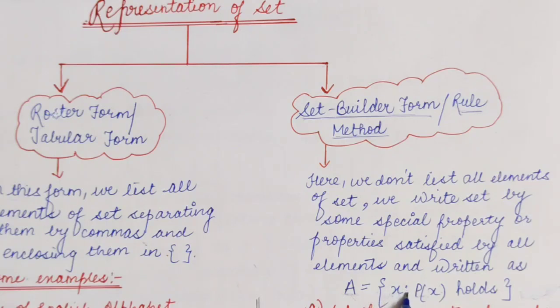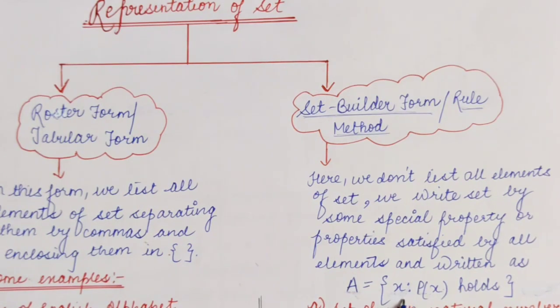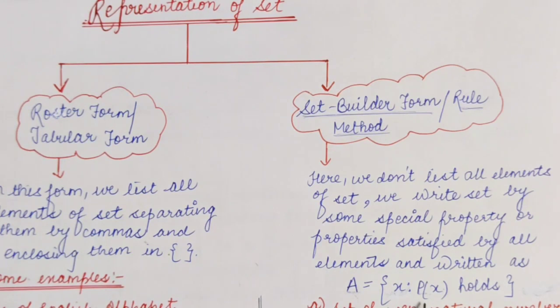So x such that p(x), where p(x) means the property, the property which will be held by the elements. So how will we read it? x such that the property. It means we will write x, which means the elements which are going to come here, such that the property is satisfied by all the elements.